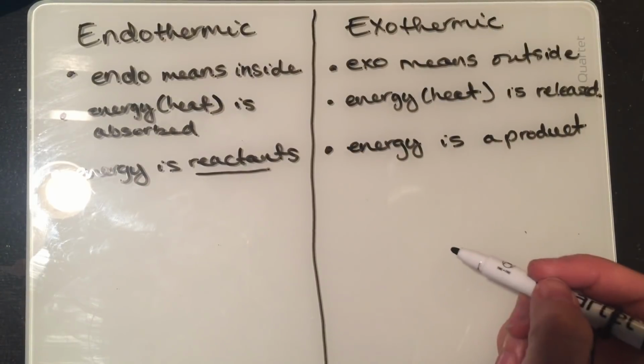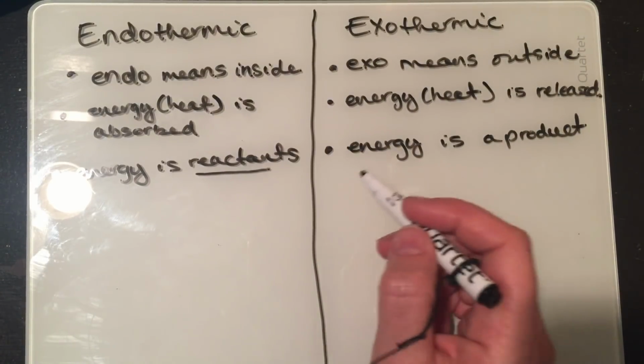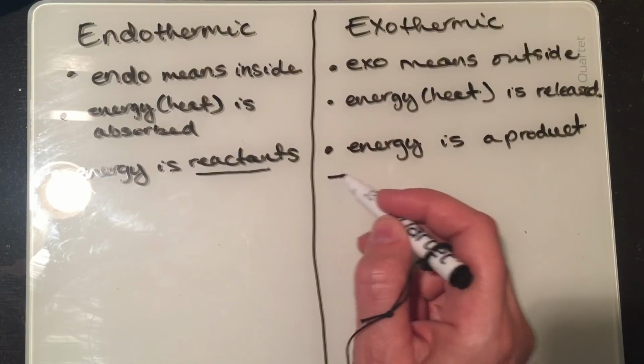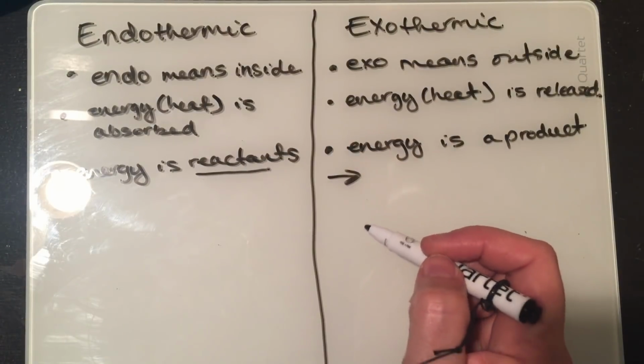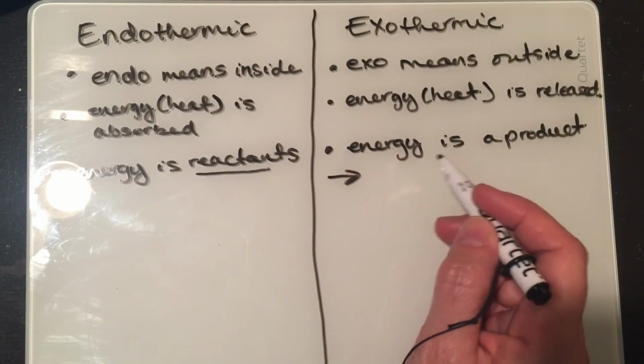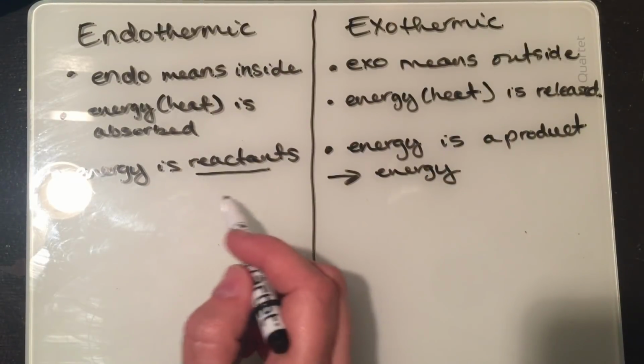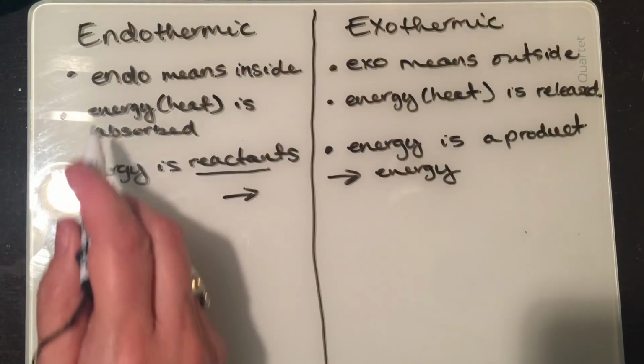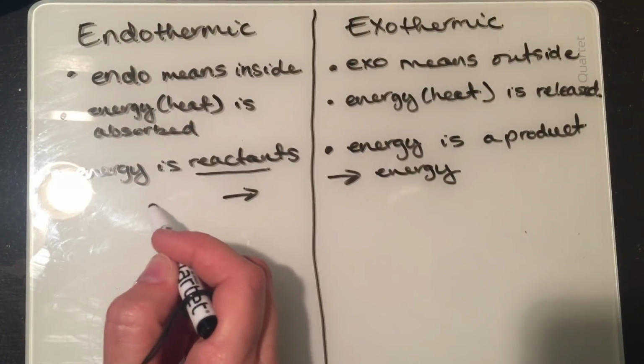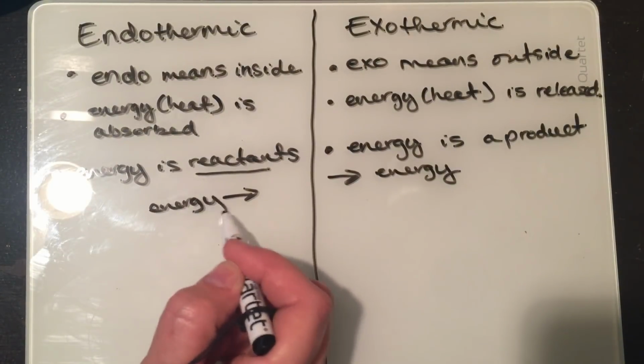And when I say product side, I'm talking about of a chemical equation, all right? So if you have your chemical equation with the arrow, then energy is going to be on this side of the arrow, and on the endothermic, energy is going to be on the left side of the arrow.